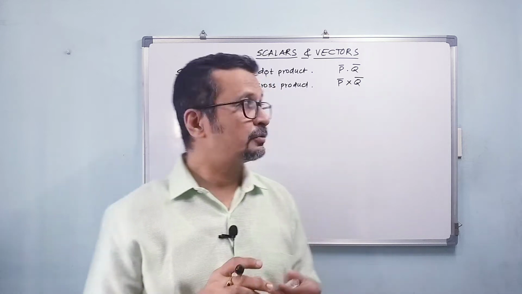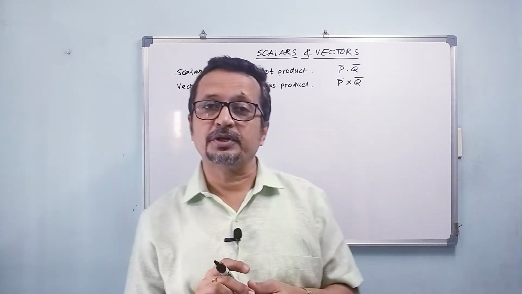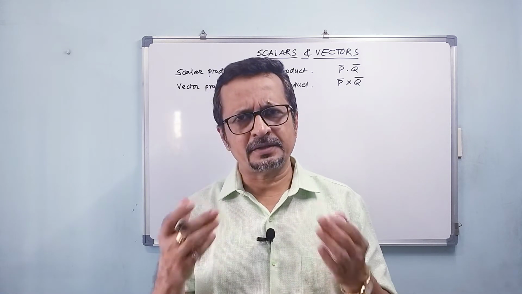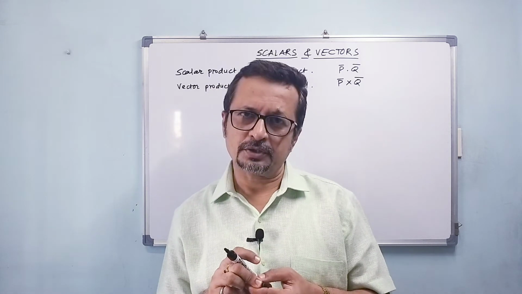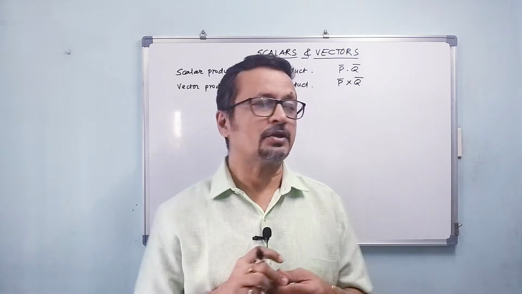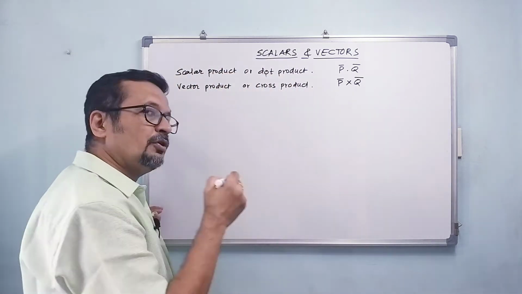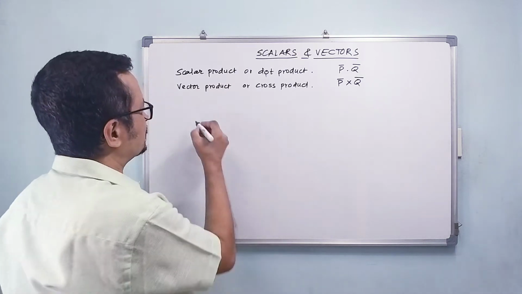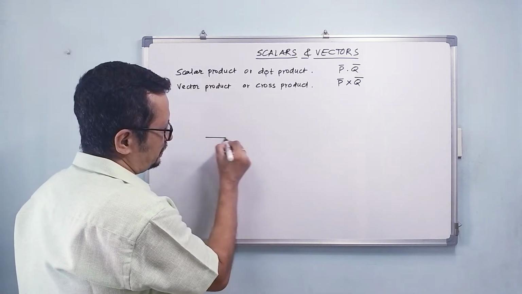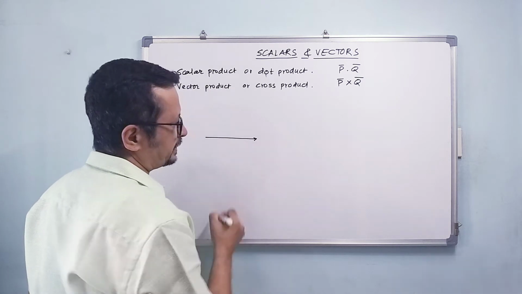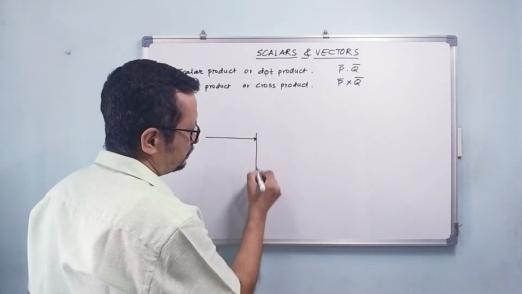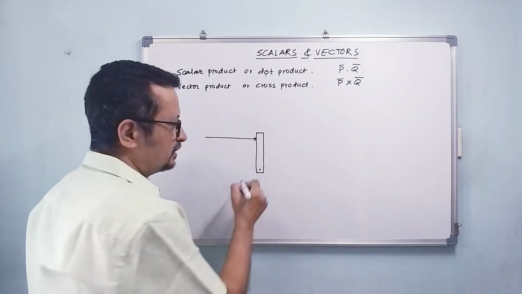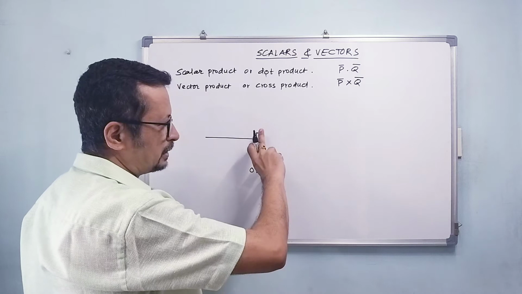Now what about vector product or cross product? I can give an example of torque. What is torque? Torque, or the moment of a force, is the turning effect of a force. I have this force acting on this body, and this point O is fixed. This link can rotate.